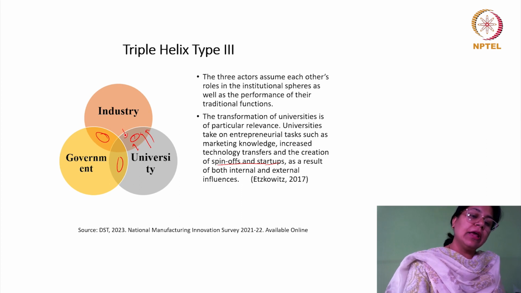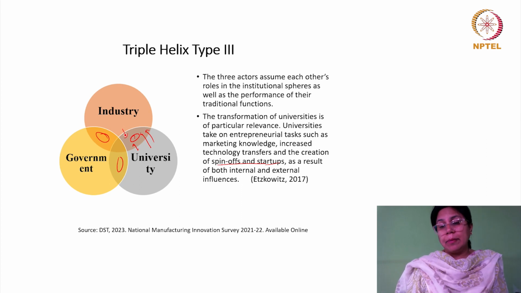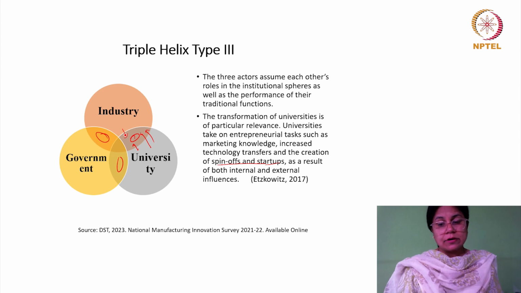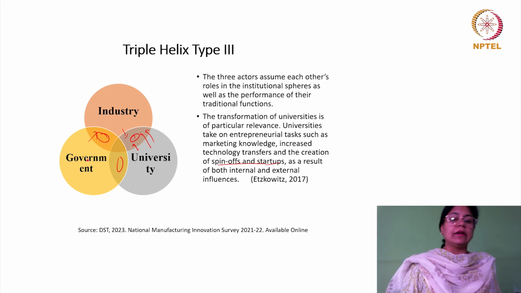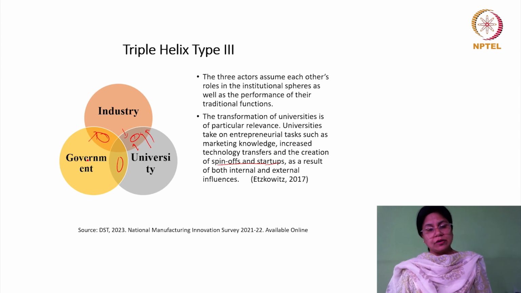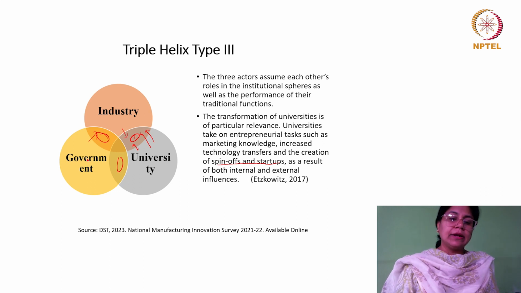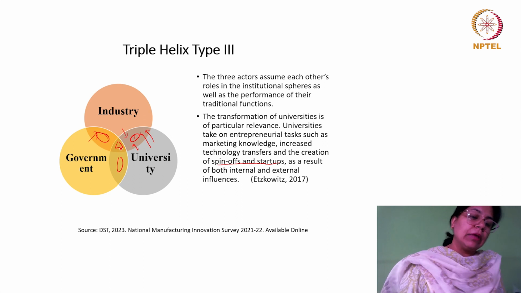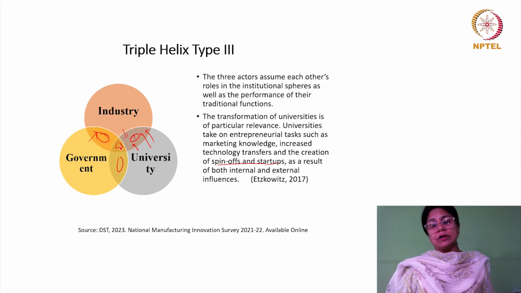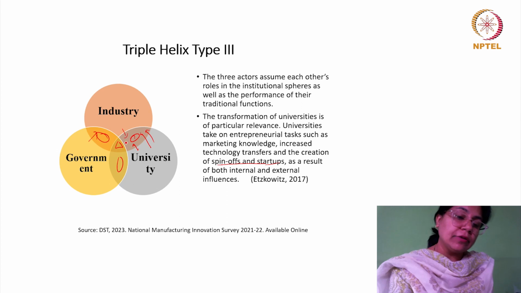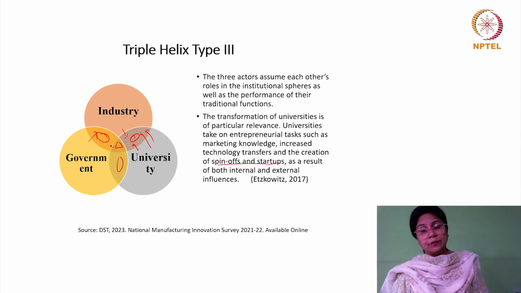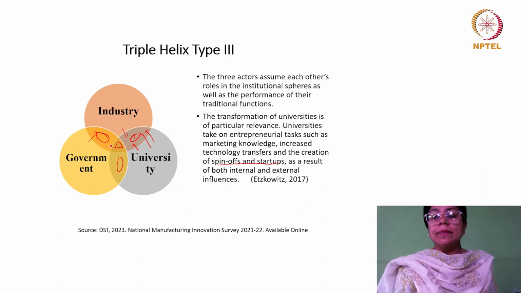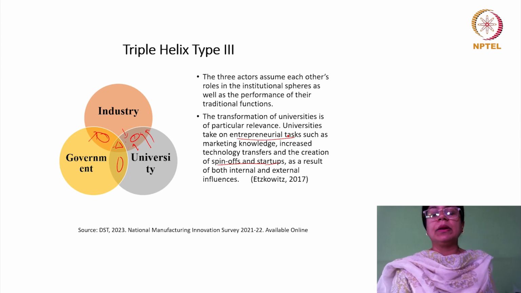Similarly, the industry is establishing R&D labs, maybe coming up with an R&D center in certain places. And when you look at the role of the government, it is funding research in the industry, supporting the industry, and again, it might come up with certain mechanisms through which industry and universities come together, and the government also supports those initiatives. So universities take on an entrepreneurial task.